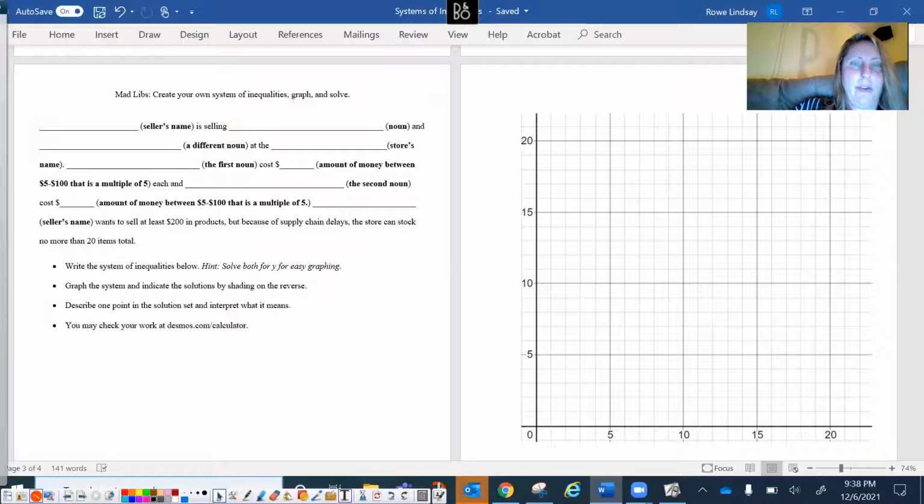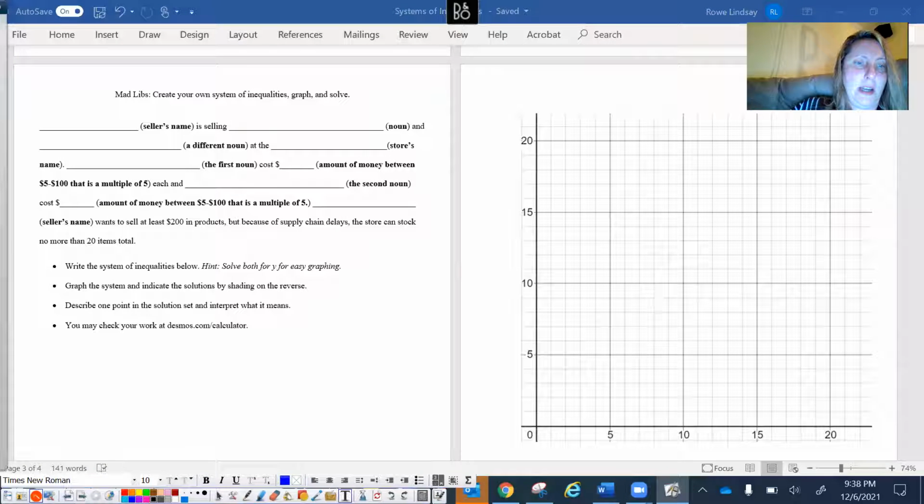So let's start off by picking a seller's name. So how about Scooter? Scooter is selling, and what is Scooter selling? Scooter is going to be selling t-shirts.